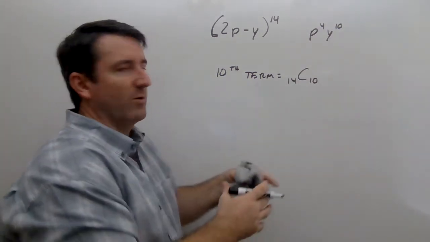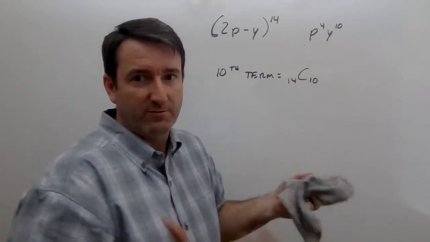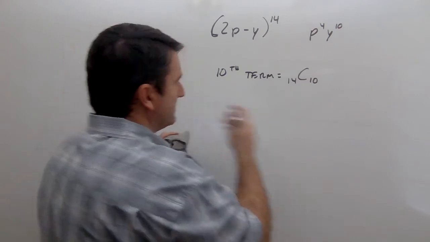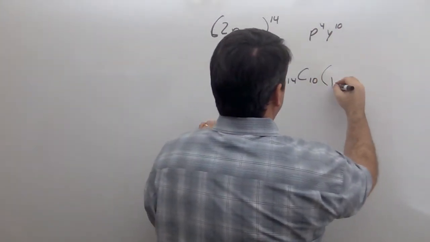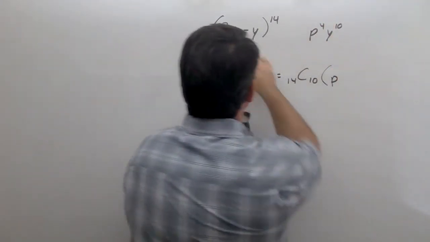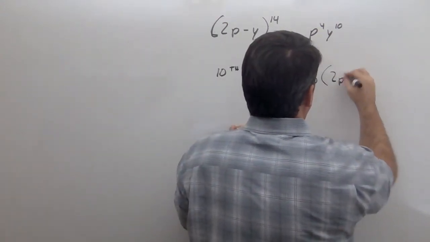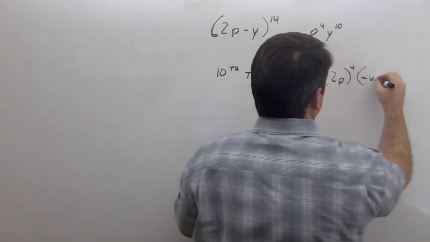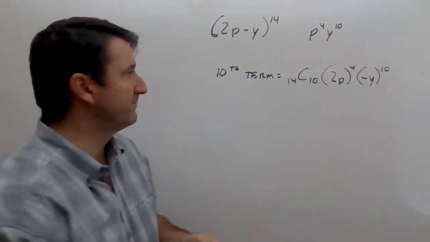So if we had 14 colored balls, how many different groups of 10 could you make out of those 14 colored balls? And then we're going to multiply that times 2p, because that's our a, this whole thing, 2p to the 4th power times negative y to the 10th power. So that's going to give us our 10th term.